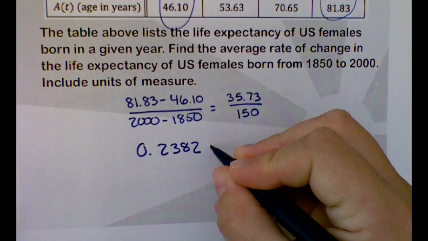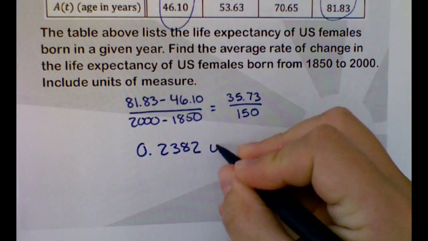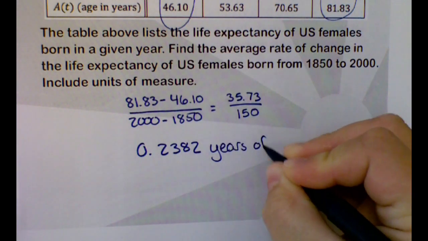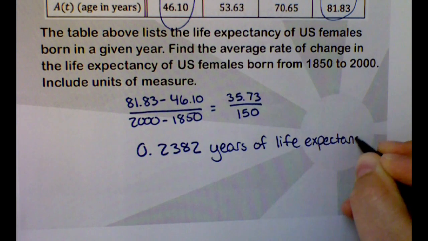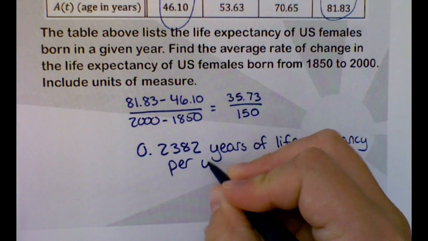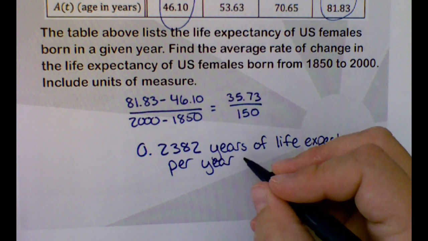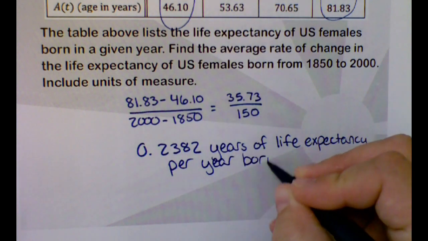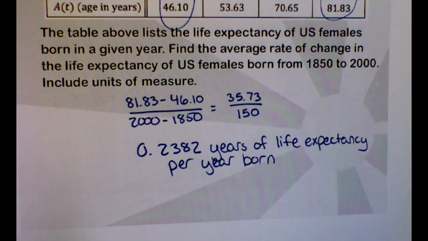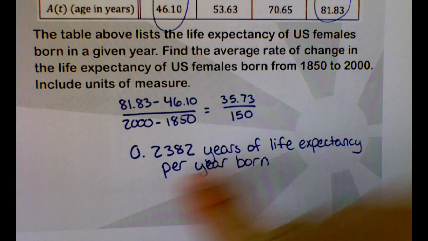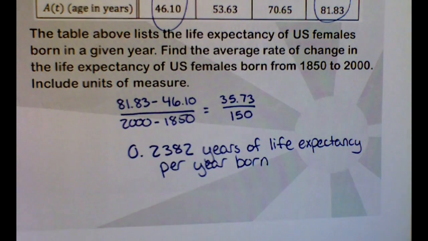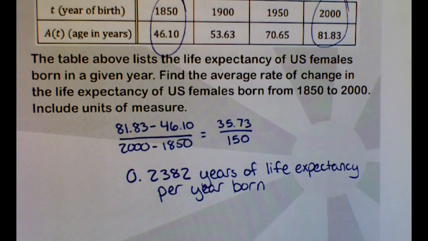So you gain 0.2382 years of life expectancy per year later that you were born. So if you were born in 2001, we would add 0.2382 to that life expectancy. I'd expect you would live about 82 years.